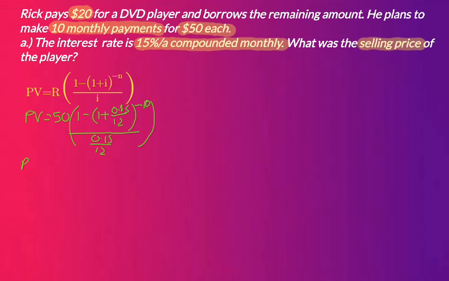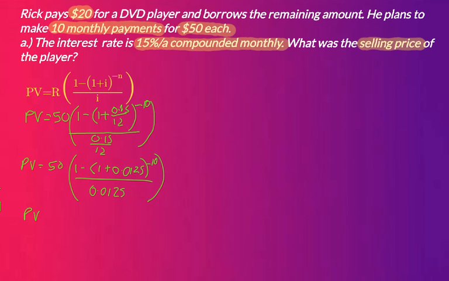So PV equals 50 times 1 minus 1 plus, if we divide 0.15 by 12, we get 0.0125, raised to negative 10, all over 0.0125.